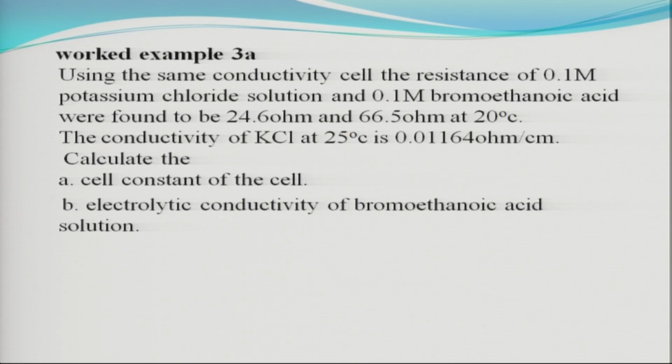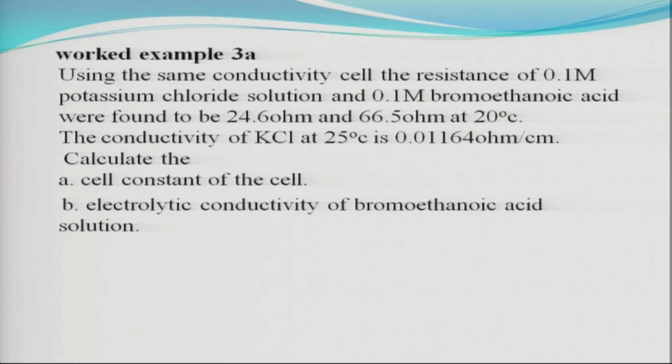The conductivity of potassium chloride is given at 25 degrees centigrade. Then they are telling us to calculate the cell constant. Calculate the cell constant. The second question is calculate the electrolytic conductivity of bromoethanoic acid.